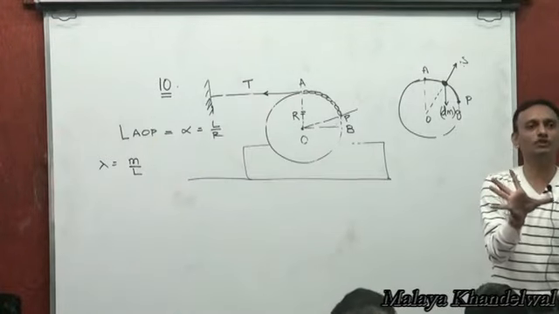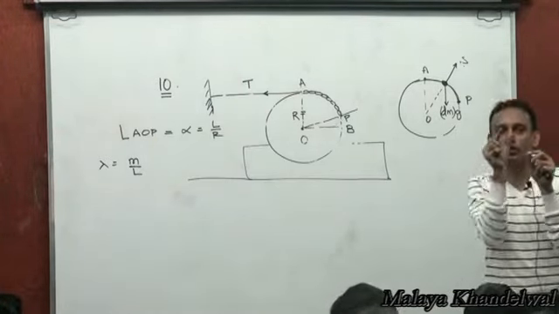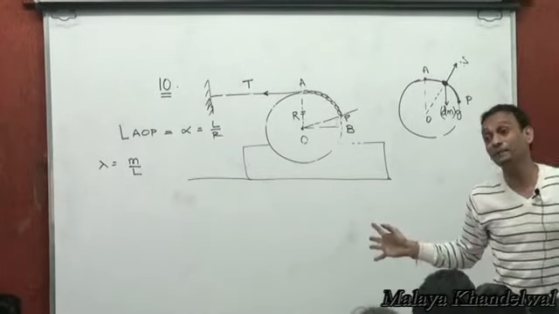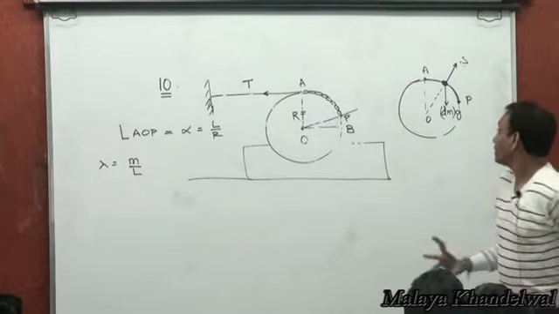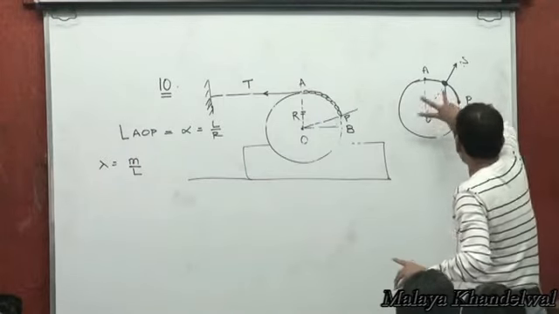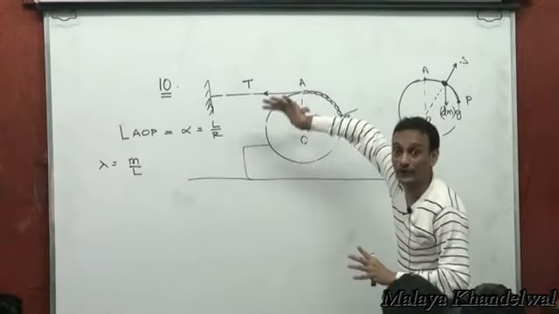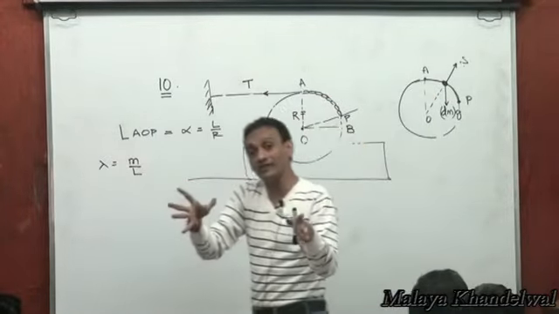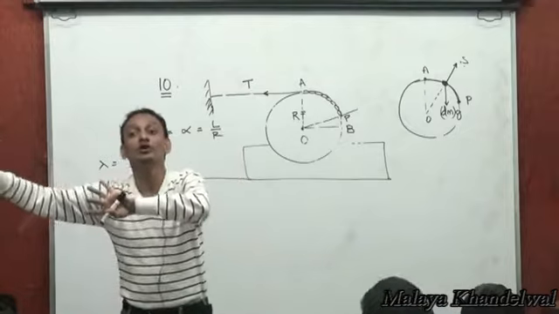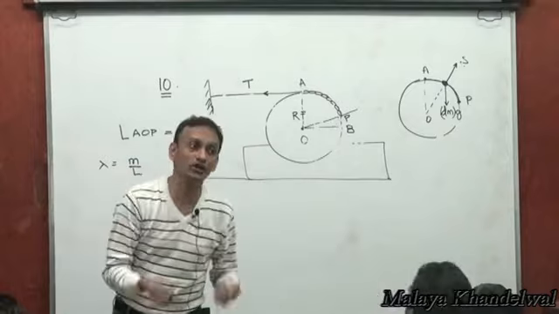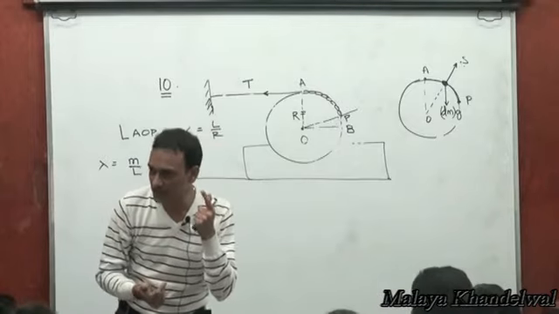I will just have to take the torque because of T about O and the torque because of these mass elements about O. They must add up to 0, right? These mass elements produce a clockwise torque about O, whereas this tension produces an anti-clockwise torque about O. So the anti-clockwise torque in magnitude must be equal to the clockwise torque in magnitude about O to guarantee rotational equilibrium. Are you okay with this?